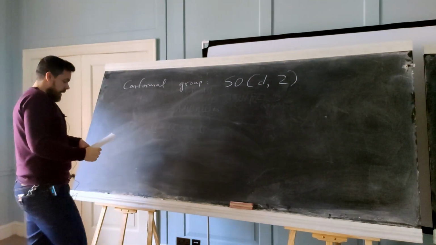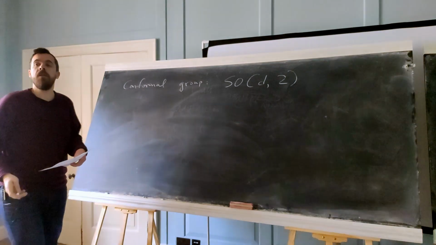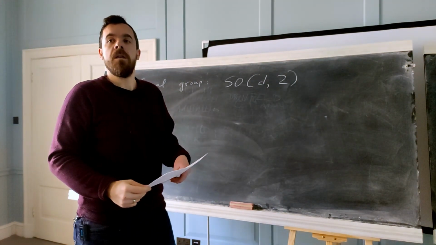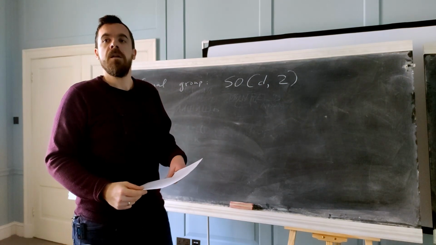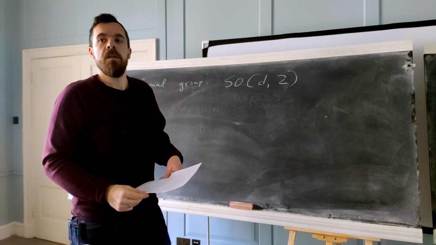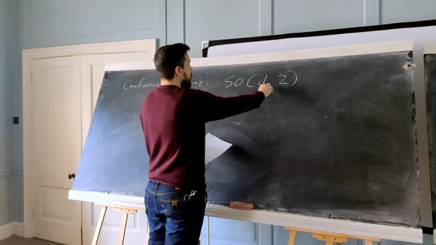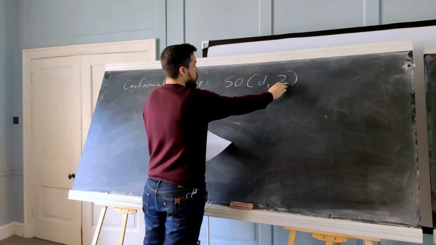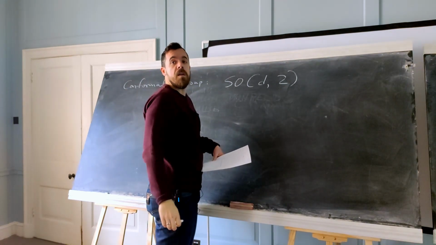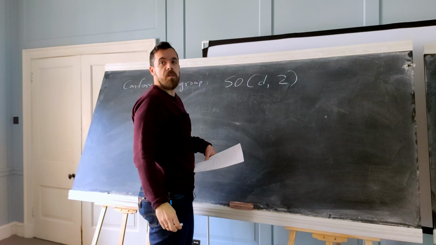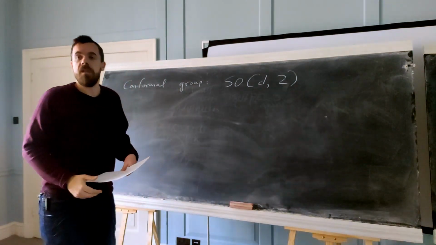I thought that this was precisely in Lorentz signature. When it's D plus 1, 1, it's in Euclidean signature. So this is the indefinite one, where you have two of them. Yeah, it's the conformal group for Lorentz. You have two minus signs in the indefinite norm.